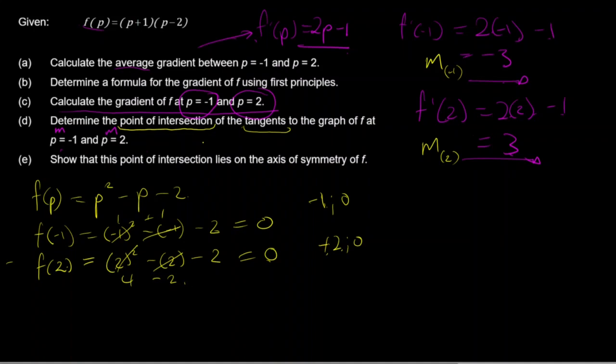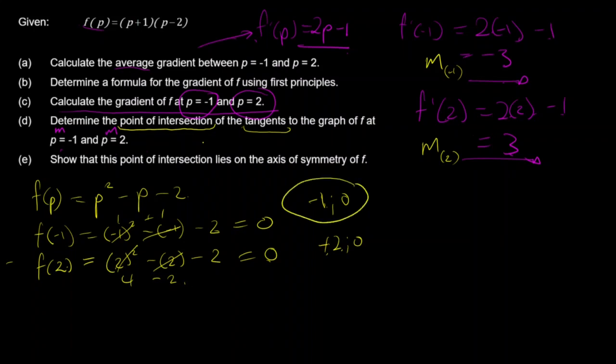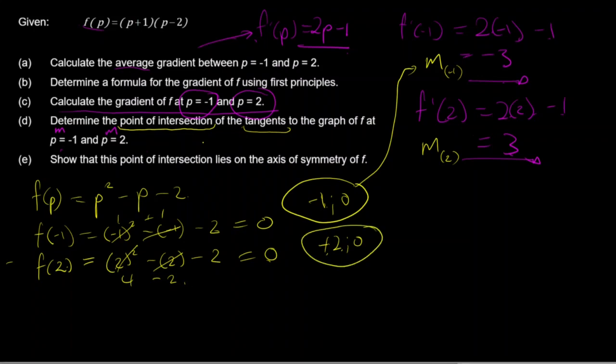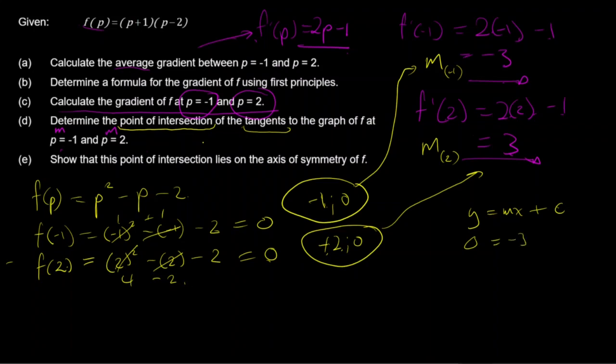For that, we are going to use the gradient for these sets of coordinates. Using y equals mx plus c, let's substitute our values in. We'll have 0, gradient is -3, x value is -1, mx plus c.